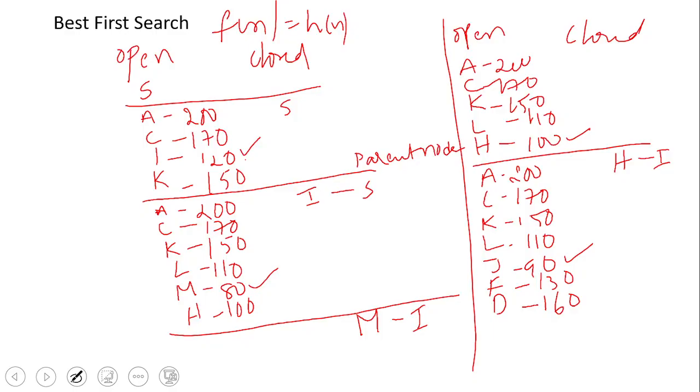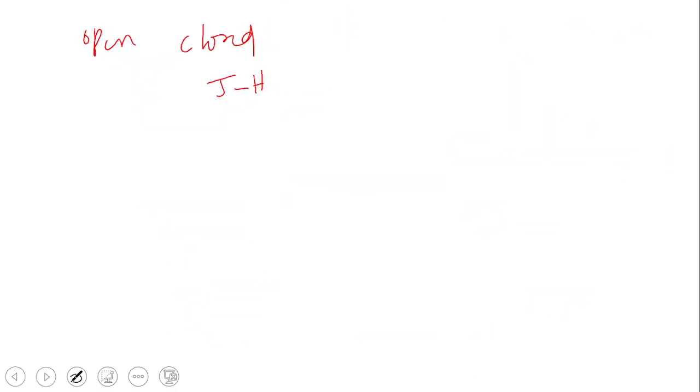So again here open and continue here and closed. So what is the parent of J? J parent is H. So after expanding H only we got J. So what are the nodes remaining in open list?